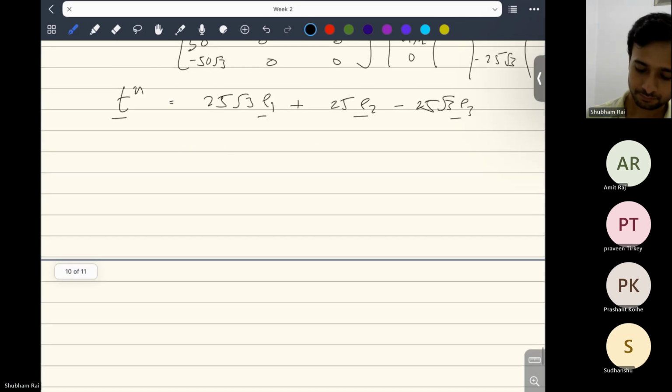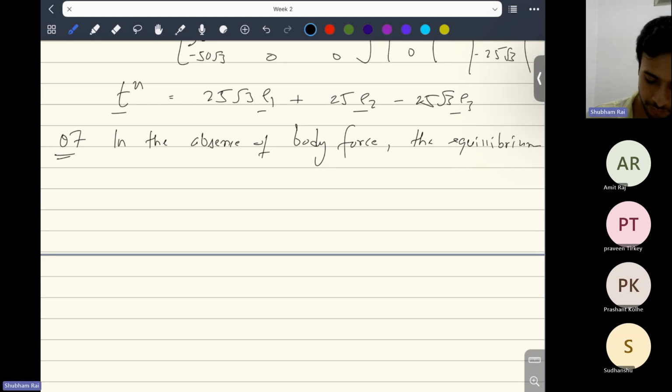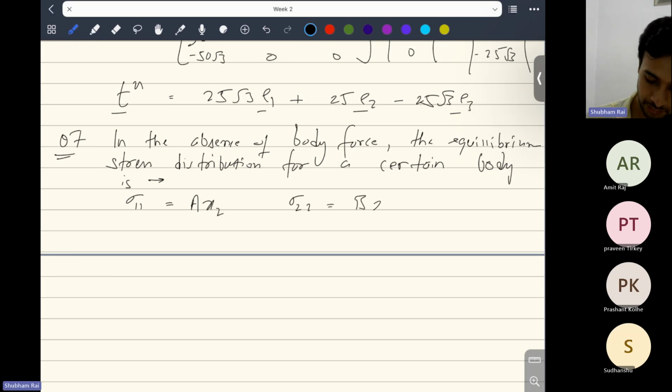Going to the next question. You have to say that in the absence of body force, the equilibrium stress distribution for a certain body is given as sigma 1 is A times x2, sigma 2 is B times x1, and sigma 3 is equal to sigma 1 plus sigma 2 by 2.